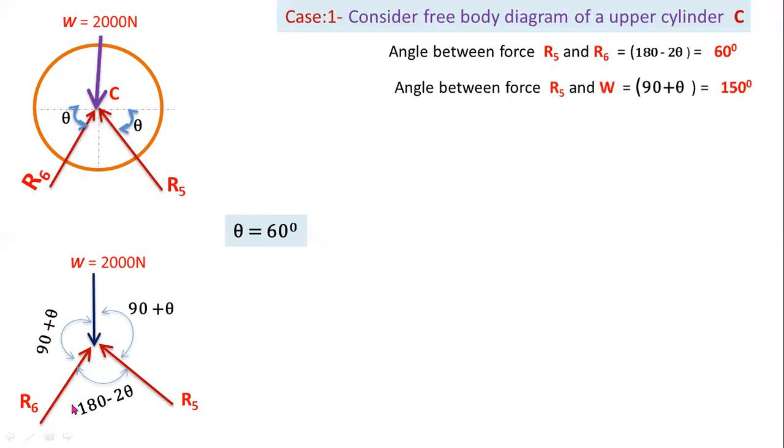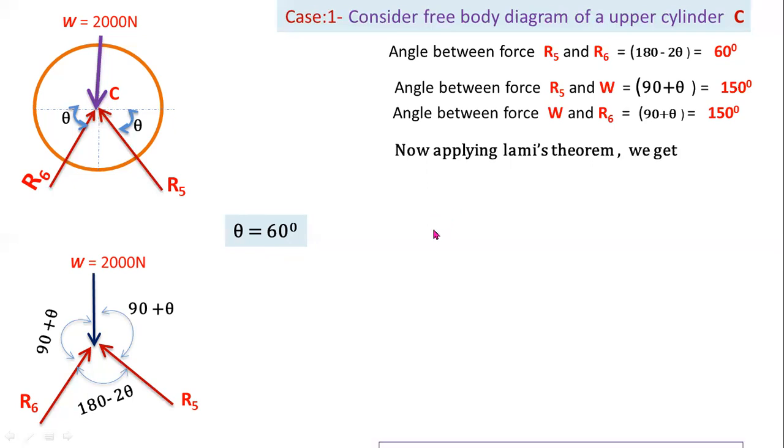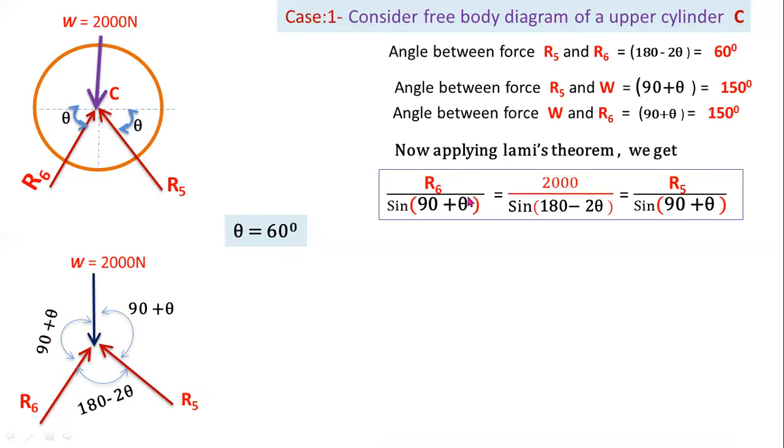And the angle between reaction force R5 and W is 90 plus theta equal to 150 degrees. And the angle between reaction force R6 and W is 90 plus theta, that value also equal to 150 degrees. So already we know from Lami's equation, force divided by sine of the angle between the other 2 forces.